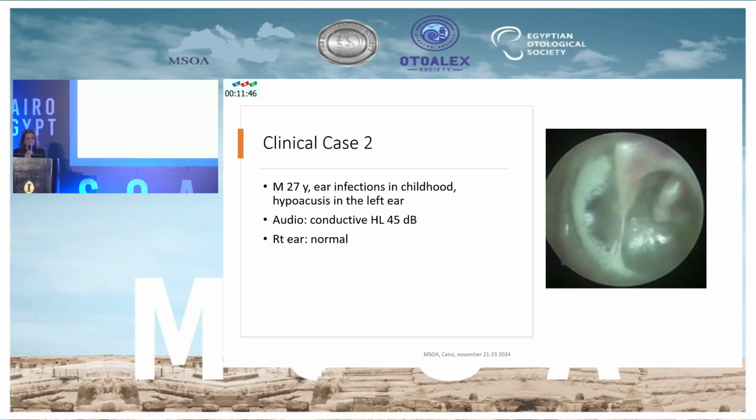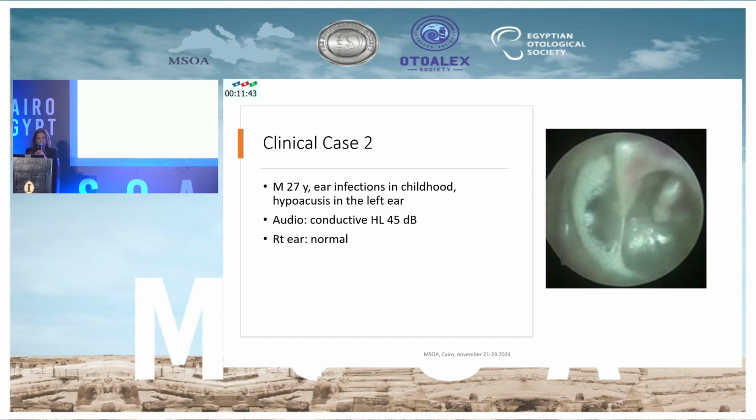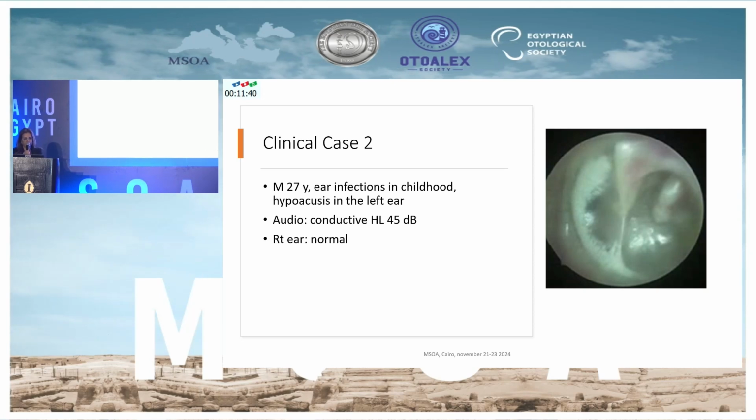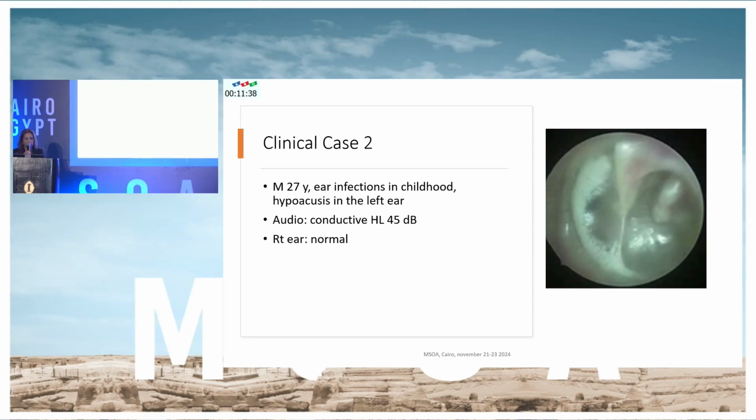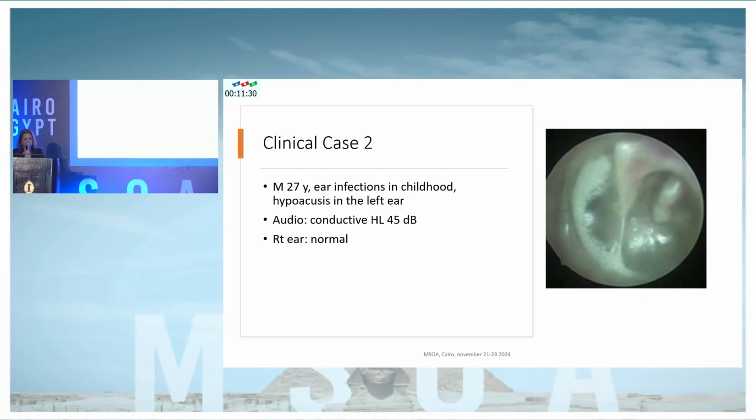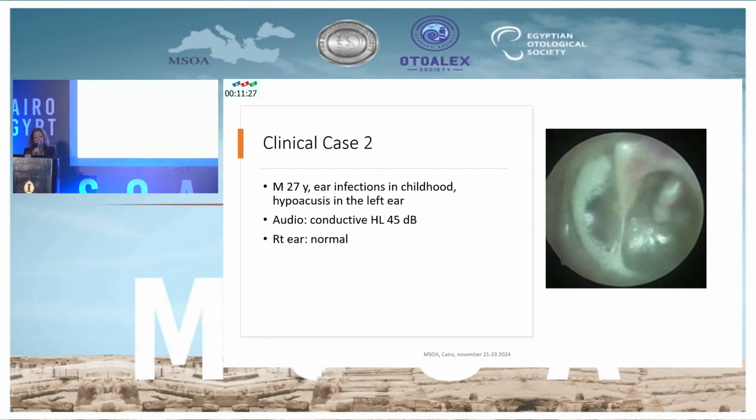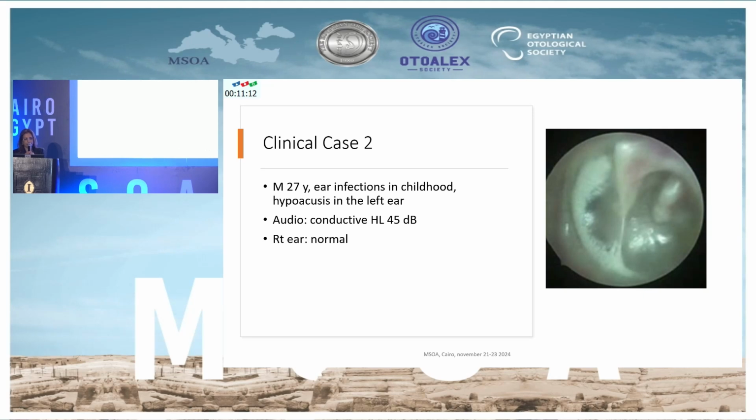Otoscopic aspect, he presents a large posterior retraction, which is clean, fixed to the incudostapedial joint. So we can see all the compartments of the pocket, and audiometry shows an important conductive hearing loss. What do you propose?